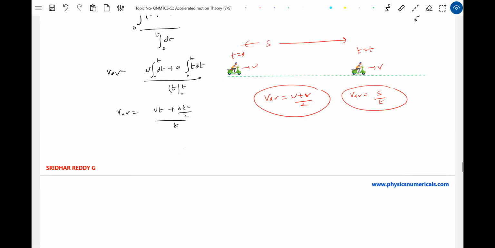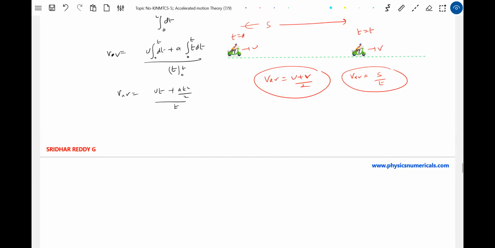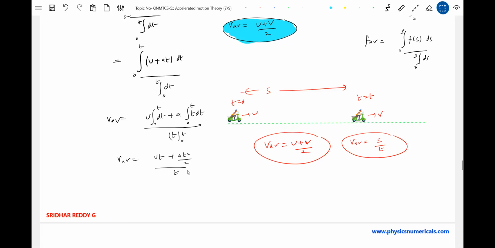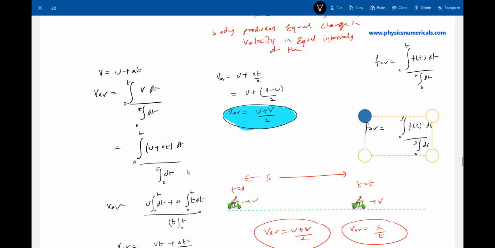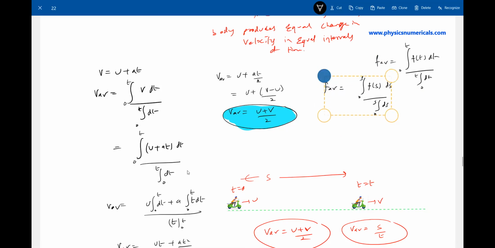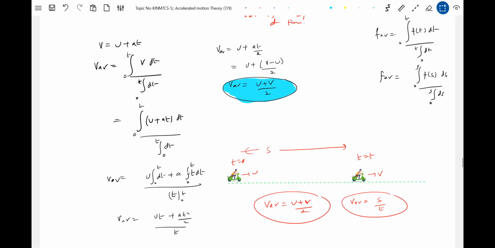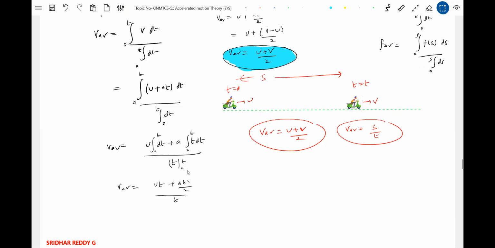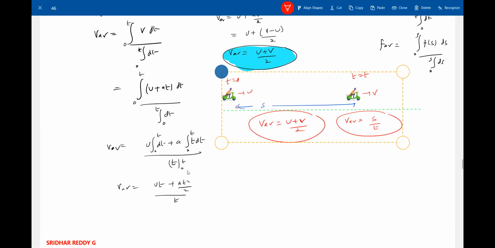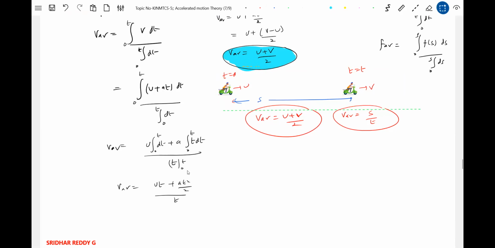Okay, so what is the meaning of this? I think last one more thing. Let me define that, because you may be thinking that it's only applicable for initial velocity. Need not.